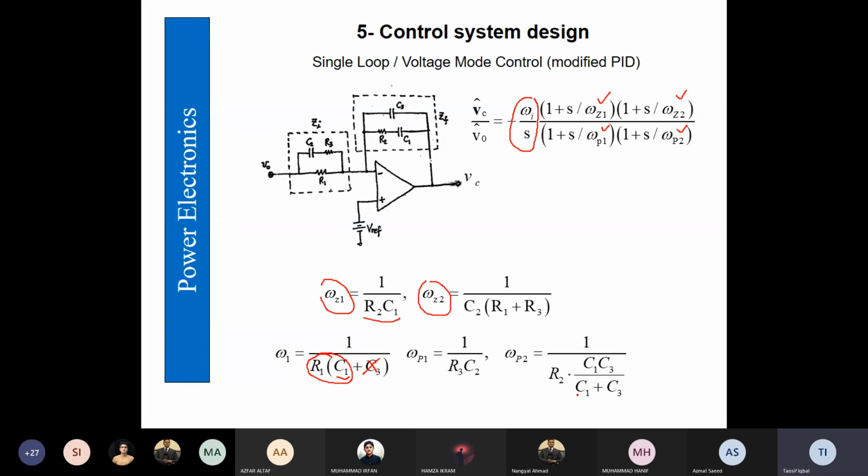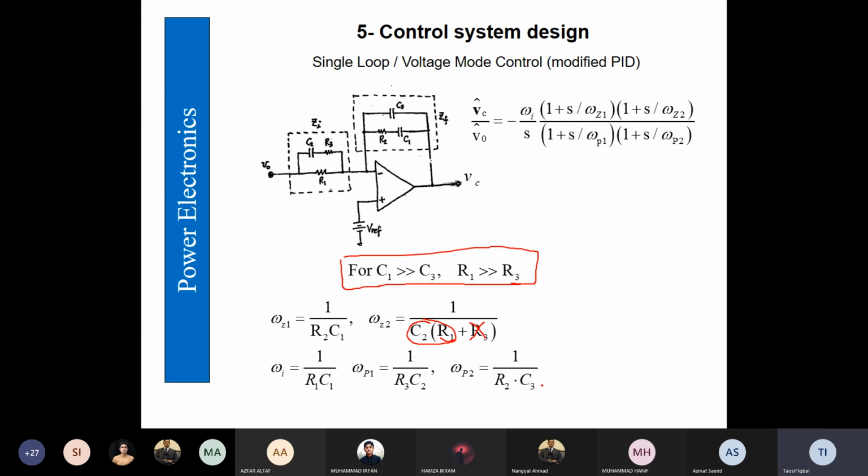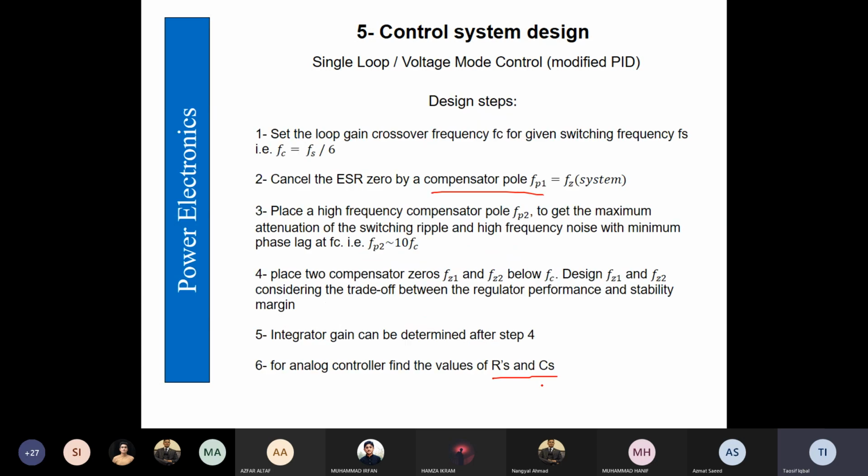If C1 is very large, then C3 can be neglected and C1 cancels out with C1. So omega P2 can be controlled by R2 and C3. If we select the values with this logic, the selection of component values becomes very simple. So these are the design steps.